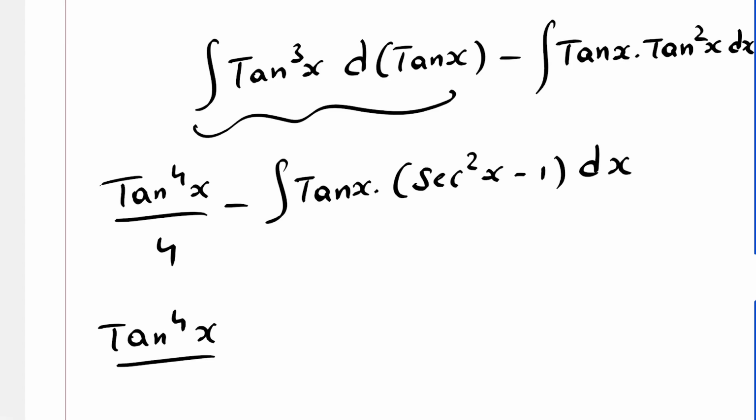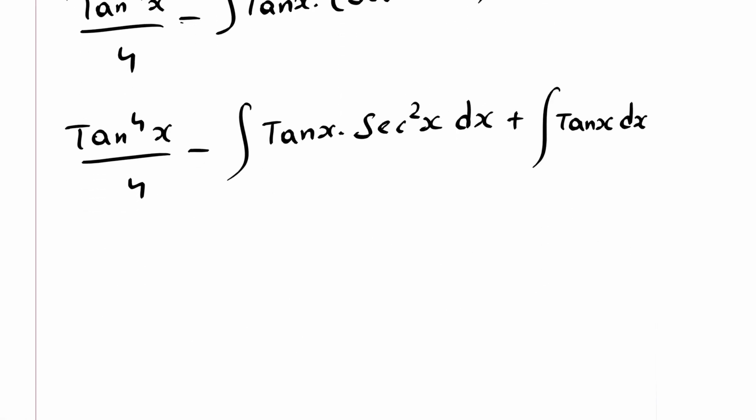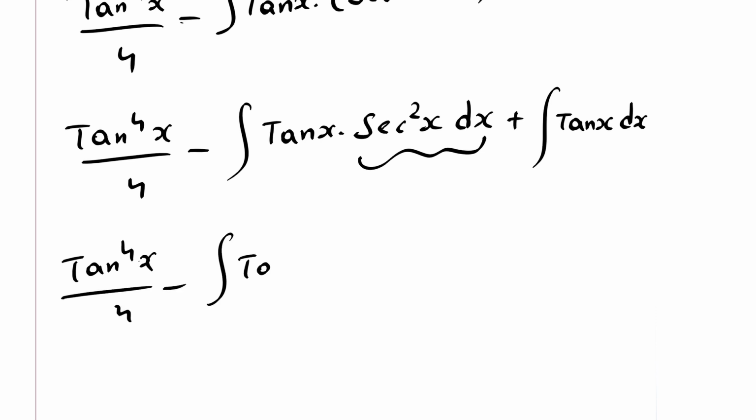Tan power 4x by 4 minus integral tan x into secant square x dx, minus into minus plus. So it is going to be plus integral tan x dx, right? So secant square x dx can be written as d of tan x. So write that tan to the power of 4x by 4 minus integral tan x into d of tan x.